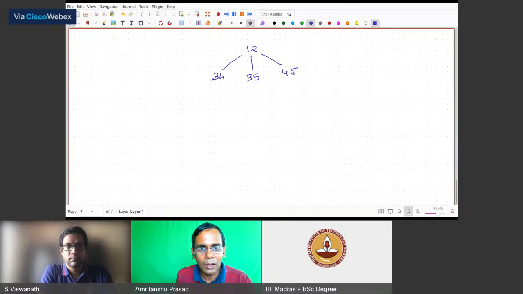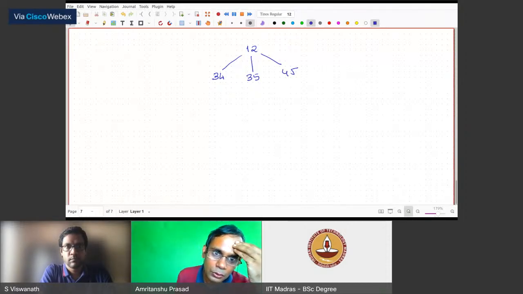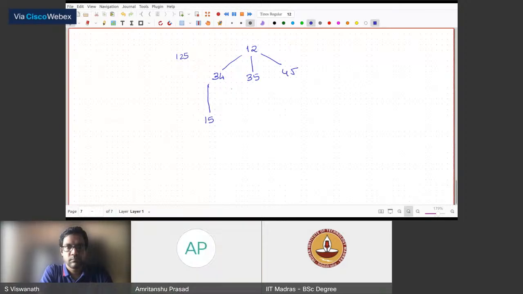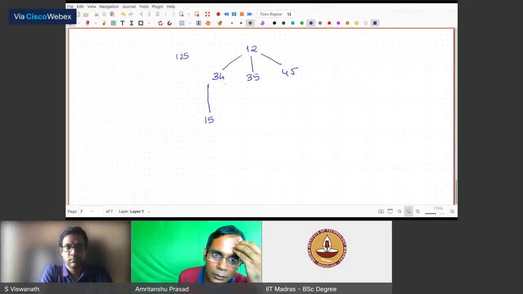Now {3, 4} is connected to {1, 2}, but I'm also looking at the missing elements here, which are 1, 2, and 5. So {1, 2} of course, and then we have {1, 5}, and then {2, 5}.